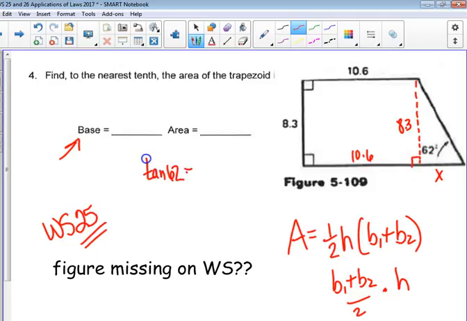Tangent of 62 equals 8.3 over x. I got 4.2. Did I type something wrong? Oh, it's 62. I typed 63. All right, so if this is 4.4, how long is this whole base down here?